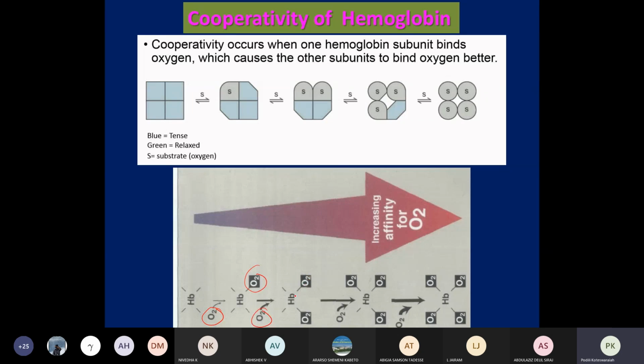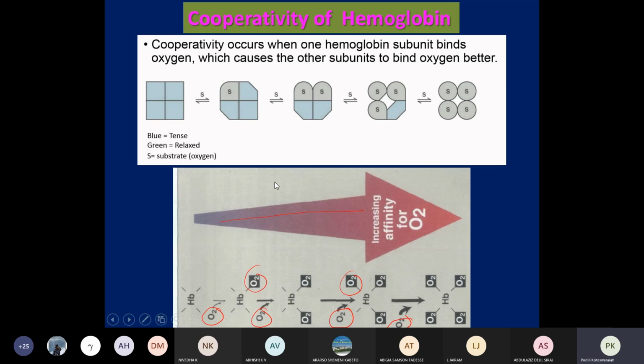Binding of the second oxygen molecule to the second subunit increases its affinity more towards the third oxygen molecule. Binding of the third oxygen molecule increases the affinity towards the fourth oxygen molecule. So you can clearly see that one ligand binding makes further ligand binding easier and more likely, and this phenomenon is known as cooperativity or allosteric behavior.